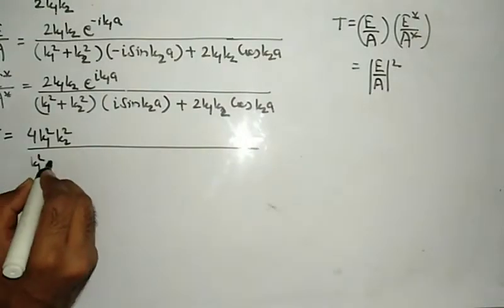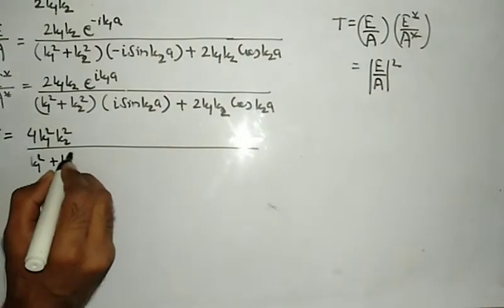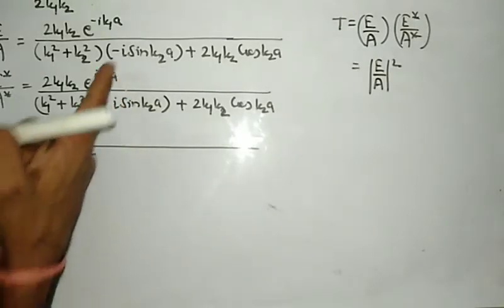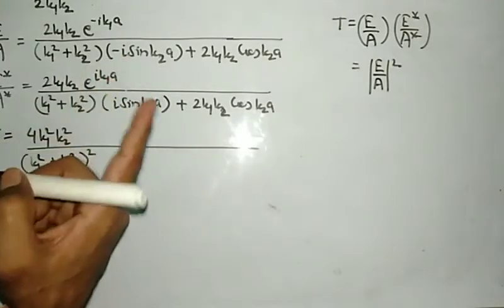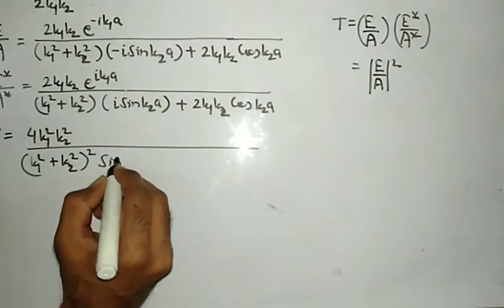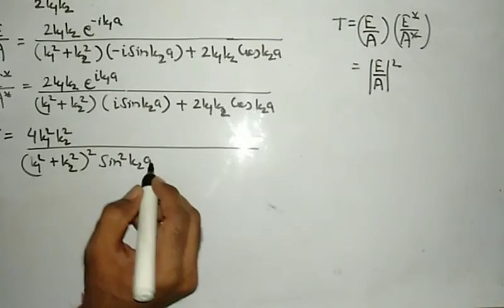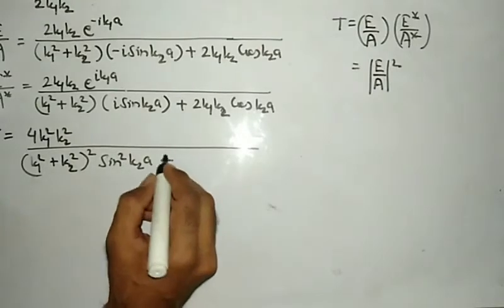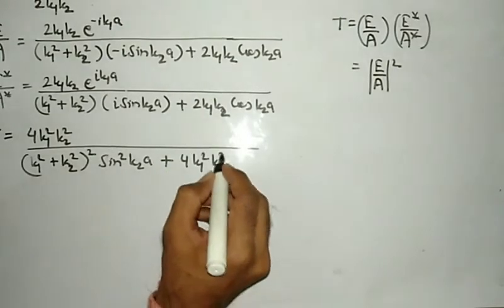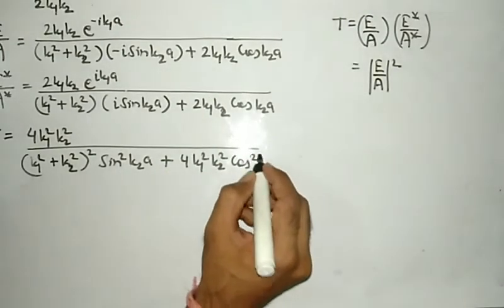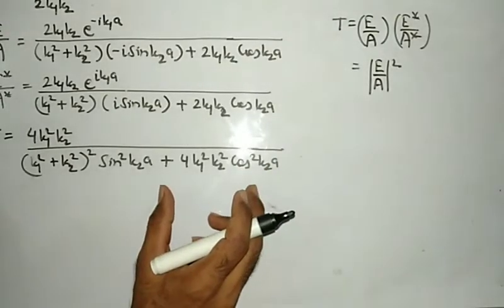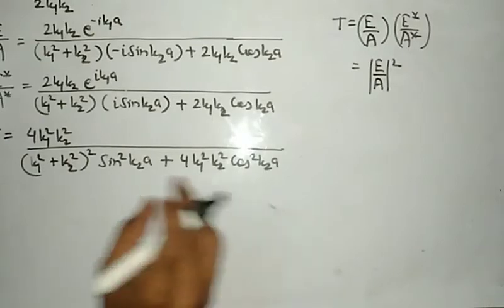So k1 square plus k2 square whole square, and i square is minus 1, minus times minus gives plus, so sin square k2 a plus this also 4 k1 square k2 square cos square k2 a, and this can be converted in terms of sine.